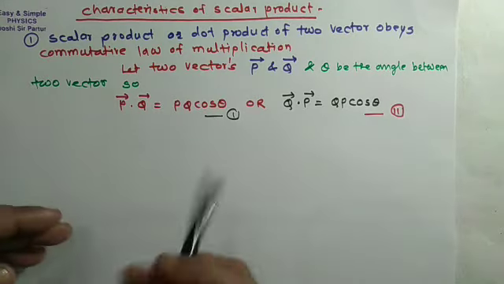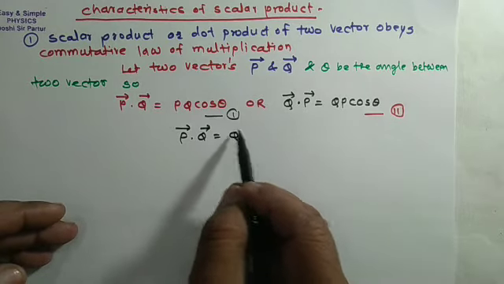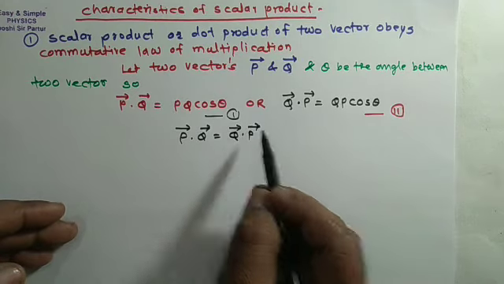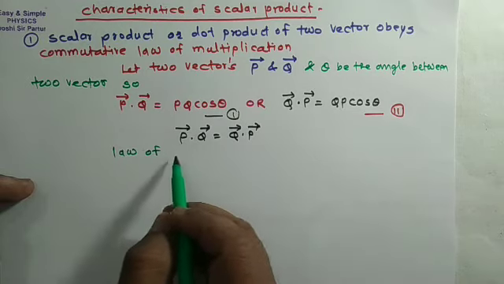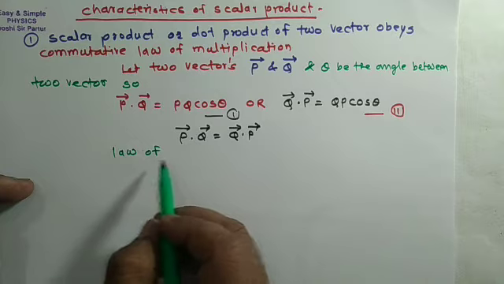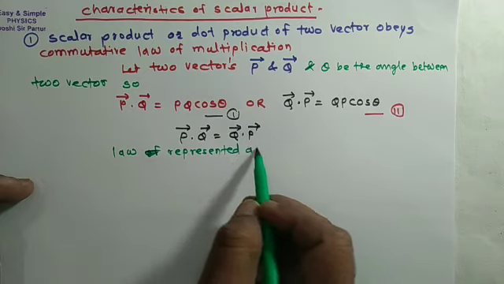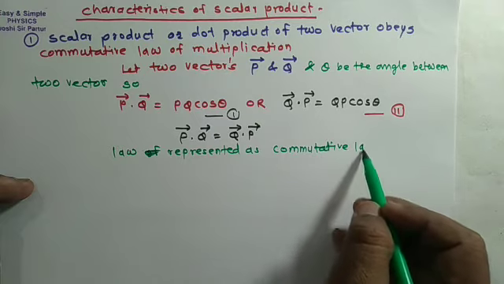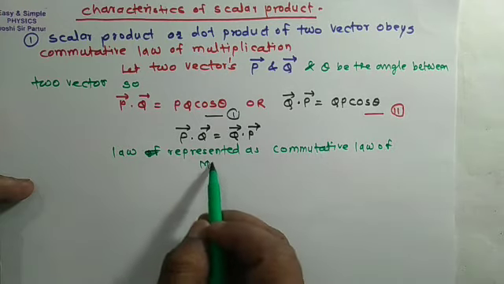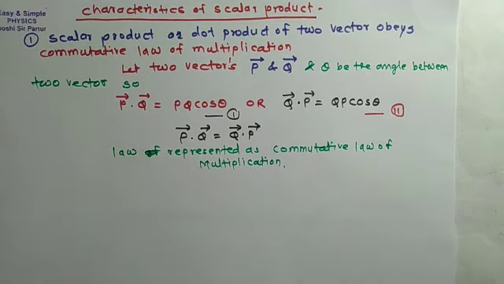From these two equations, vector P dot vector Q is equal to vector Q dot vector P, and that implies the commutative law of multiplication.